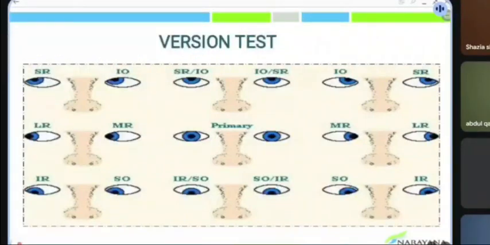Then we have the version test, which is a binocular test, and in this binocular test it is more evident, so that you can measure each muscle's action and see whether the muscle is overacting or underacting.